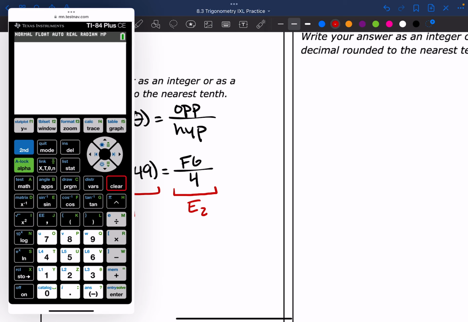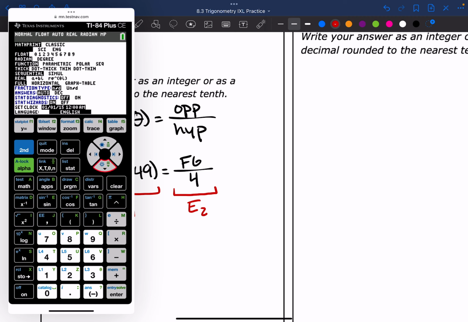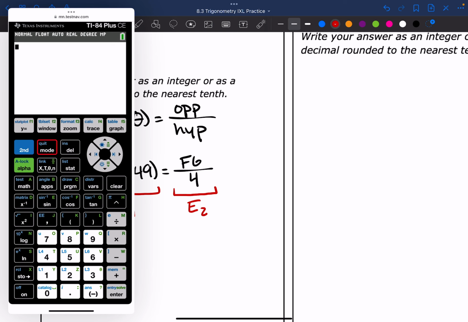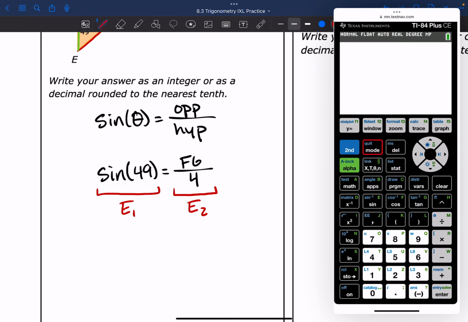I'm dealing with degrees, right? I have 49 degrees. I need to use my calculator in degrees. So click mode, go down. Right now it's in radians, so I need to go to degrees. Boom, I am good. Now I can go to numeric solver.